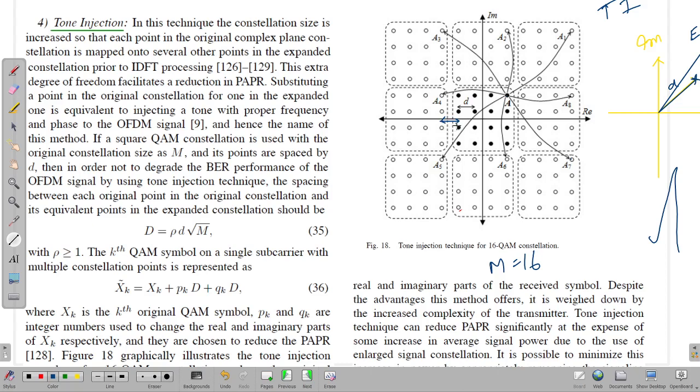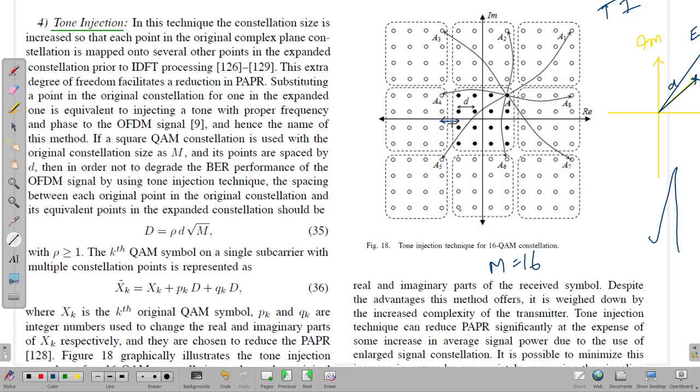So that distance also should be maintained at least by a distance d. Otherwise, if the constellation points are too close to each other, and if the noise might affect these constellation points, wrong detection may happen at that time.